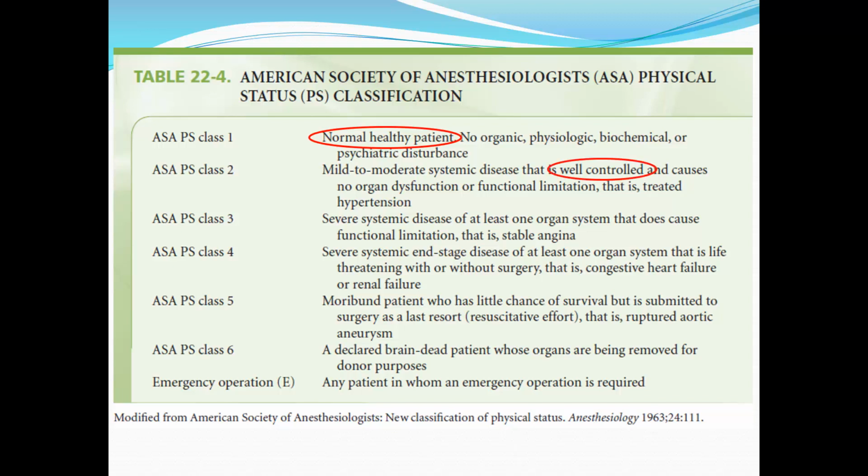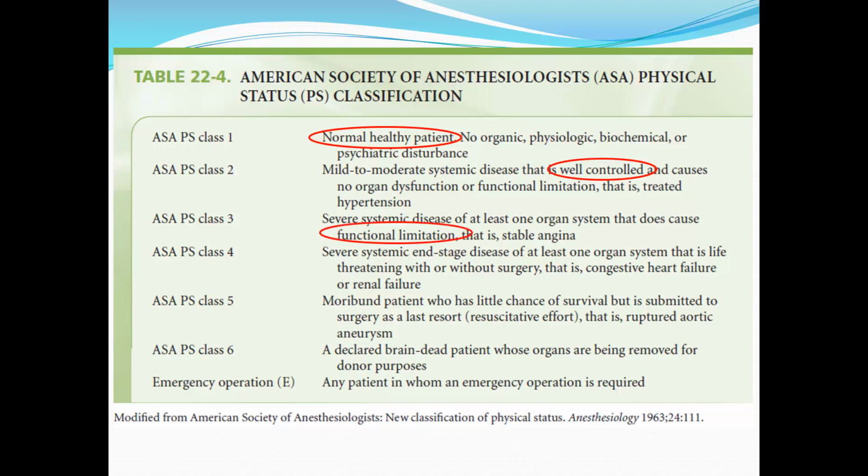Most common type of patients that we have are people with mild to moderate systemic disease that is well controlled, and there's no organ dysfunction, there's no functional limitation. A good example would be a 40-year-old guy who smokes, or a 40-year-old guy who's obese, a 40-year-old guy who takes cholesterol medicine or blood pressure medicine but doesn't have any other problems, goes to work, exercises, just all the usual things.